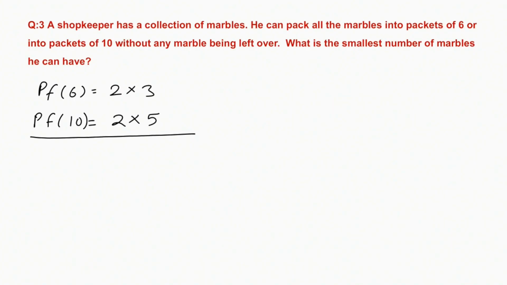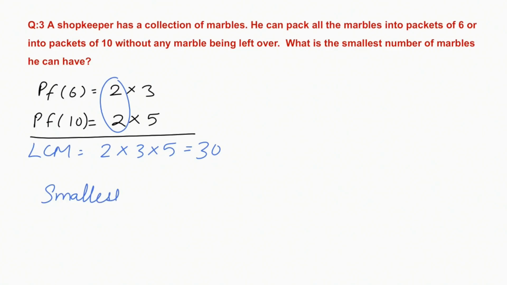Now we have common pair as 2. So 2 times 3 times 5. So our LCM is 30. So the smallest number of marbles he can have is 30.